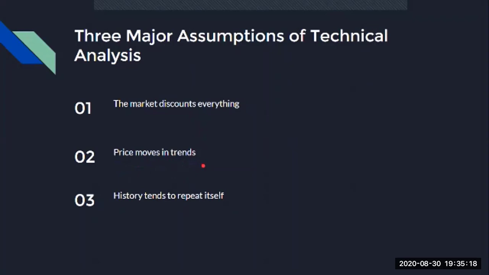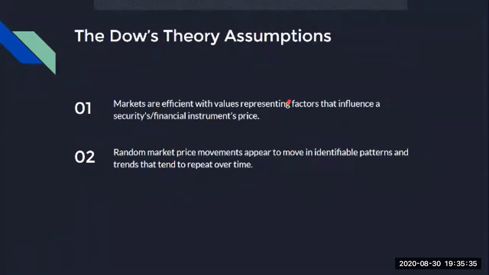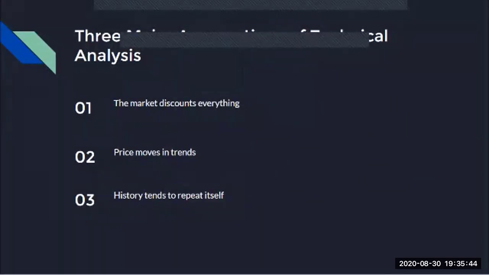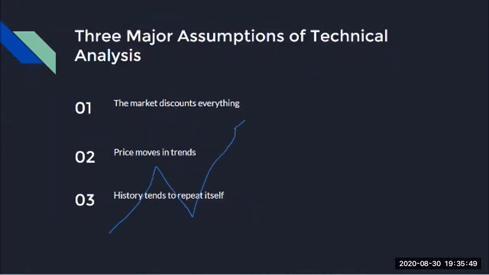So the second one is price moves in trends. As I said earlier, price tends to move in trends. You basically have three modes that a market can be in. One is an uptrend, which, as I said, would look something like this, where you see prices rising.